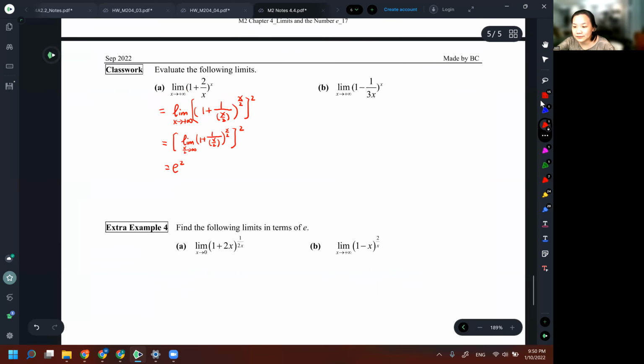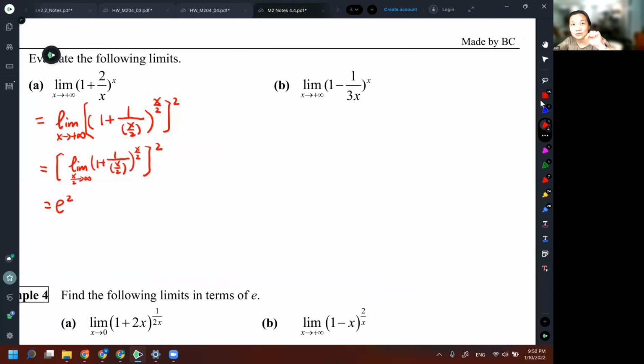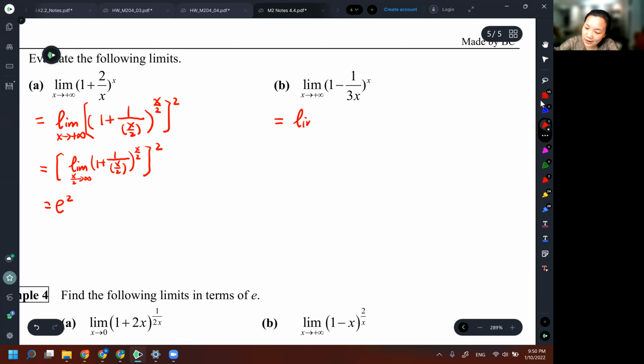For the second one, like I said, you don't have to use the original definition. You can use the third one, which is tends to negative infinity. You have to use that, otherwise it's not okay. For this one, x tends to positive infinity, but you must have plus, so you get 1 over negative 3x, and here you have negative 3x.